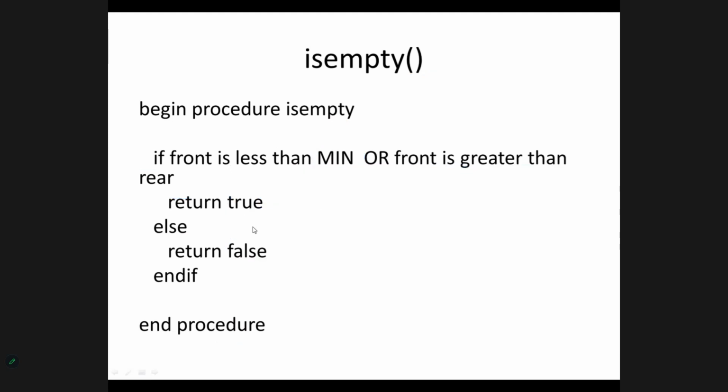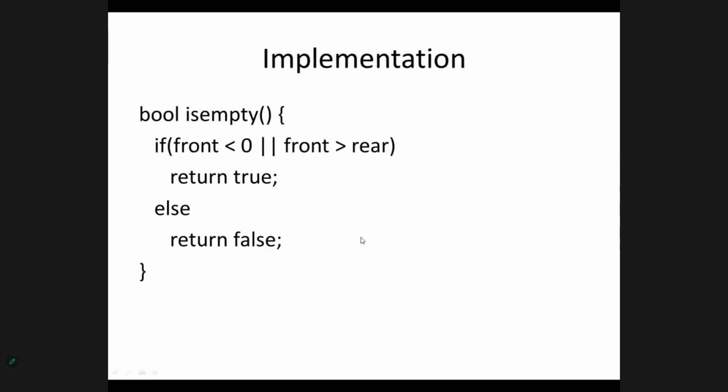Okay, let's look at the implementation. Bool, that is the output of the procedure, is empty. If front is less than 0, because the index starts with 0, I think you can remember that, right? Or front is greater than rear, then return true. That means the queue is empty.